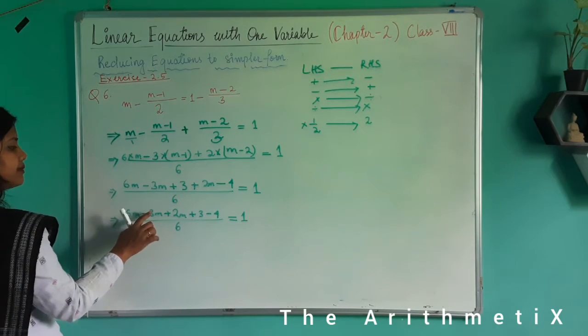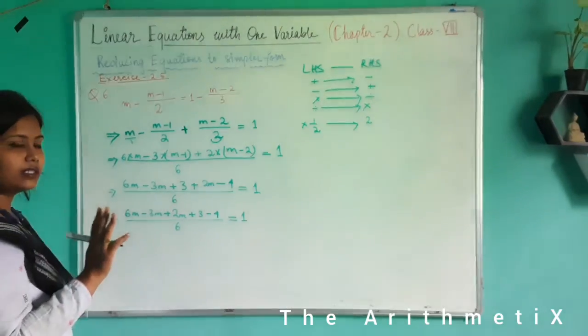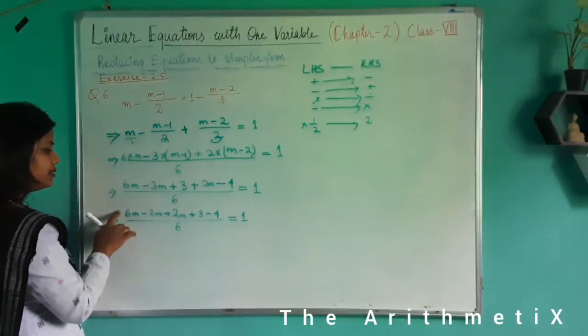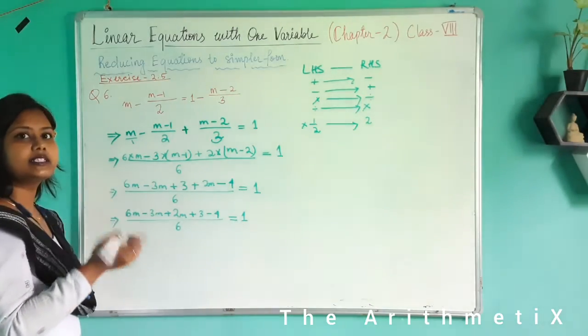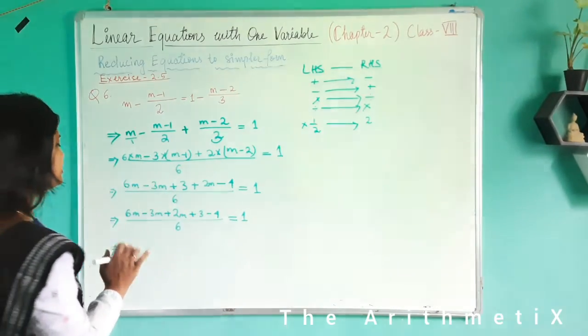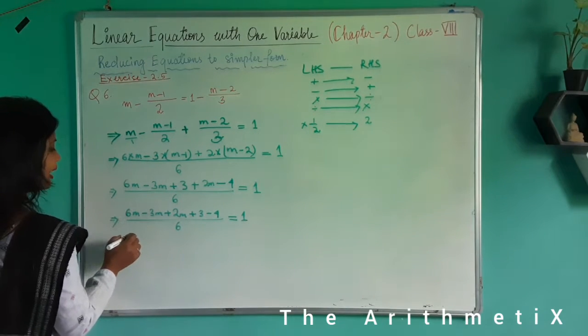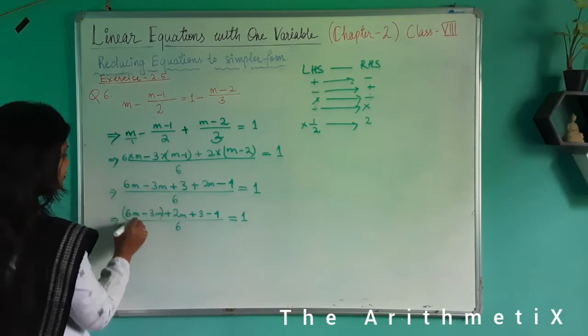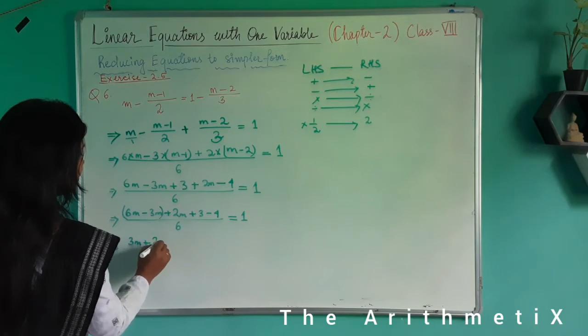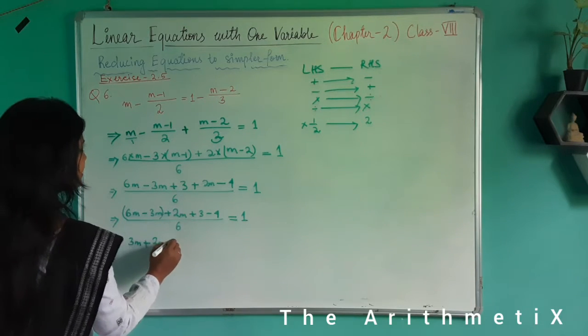See, 6m minus 3m is 3m. यहाँ पे 6m है, let us consider 6 आम है और यहाँ पे 3 आम है. 6 आम में से 3 आम सब्ट्रैक्ट करेंगे तो 3 आम रह जाएगा. So let us write 3m in place of 6m minus 3m, और बाकी के सारे वैसे ही रखने हैं.